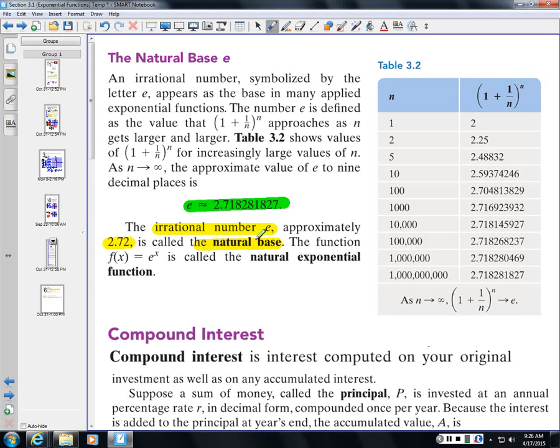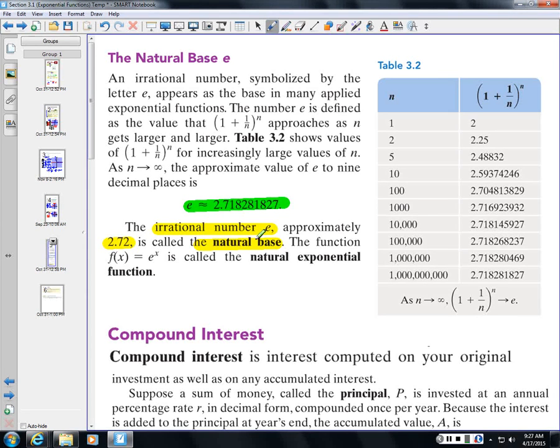But my suggestion would be to always use the E button on your calculator and not just the 2.72, because if you're approximating a decimal, you're going to be off by a few decimal places, because you're just rounding and not fully using, for instance, 2.718281827. The more places you round, the more accurate your answer will be. But it is about 2.72.